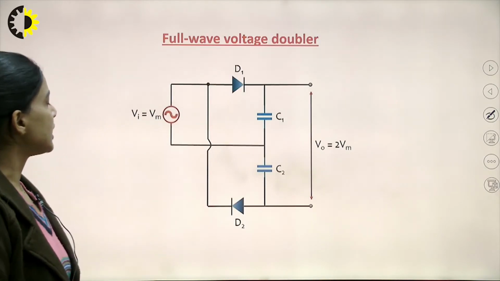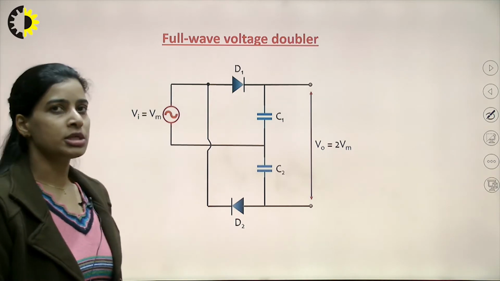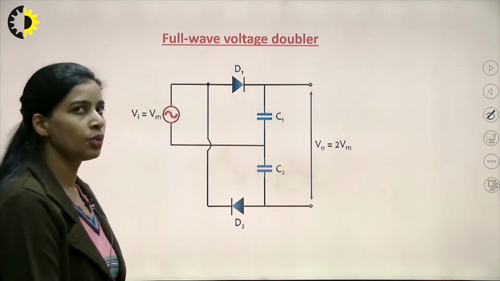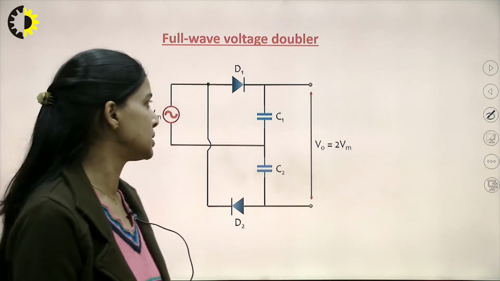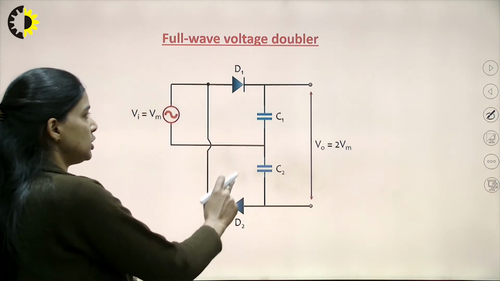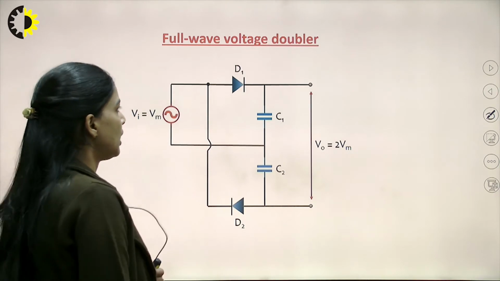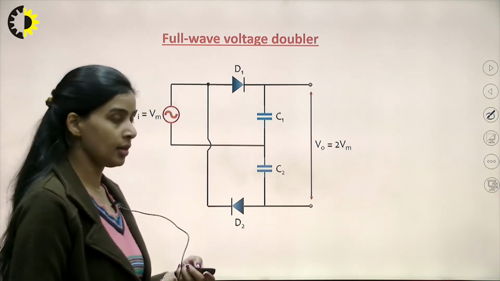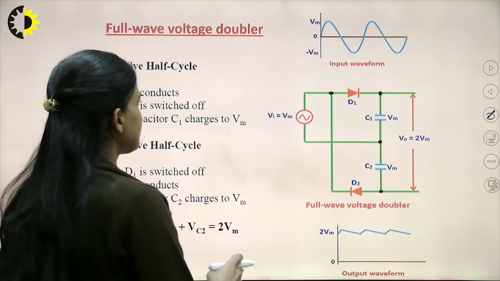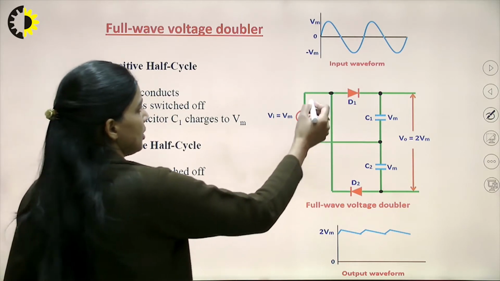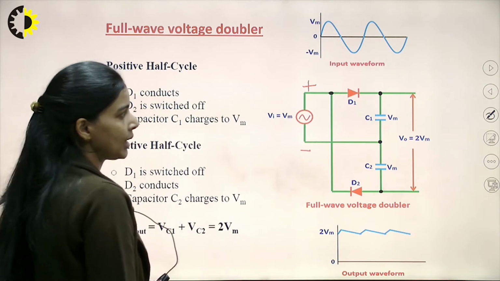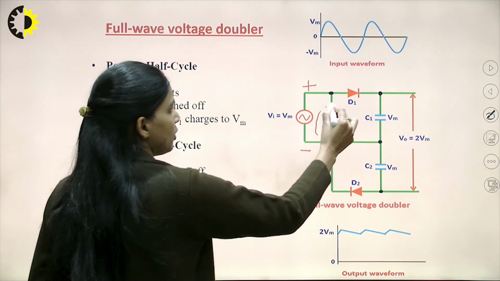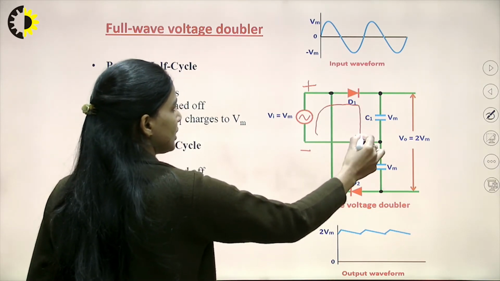This is the circuit diagram for the full wave voltage doubler. Here also we have 2 diodes and 2 capacitances: diode D1, D2 and C1, C2. How will it work? For the positive half cycle, when here we have positive, then diode D1 will conduct and current will follow this path.